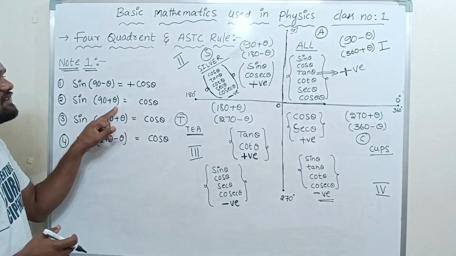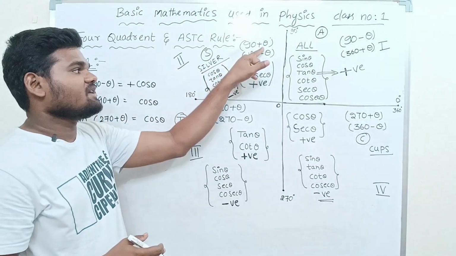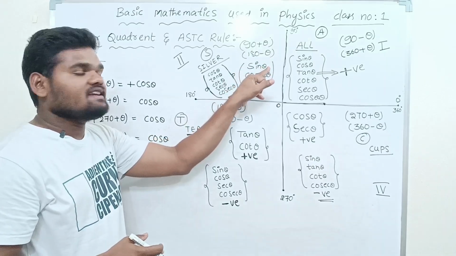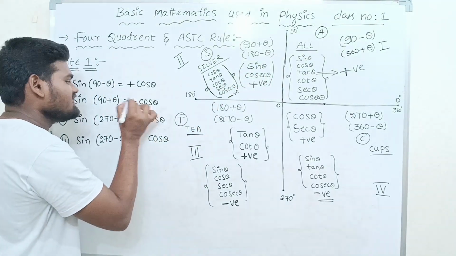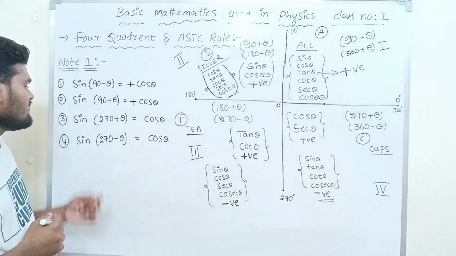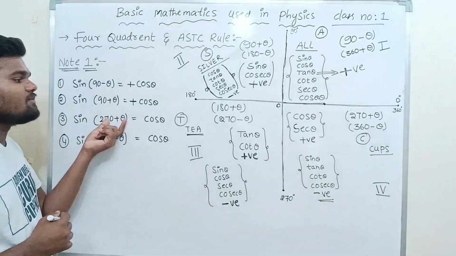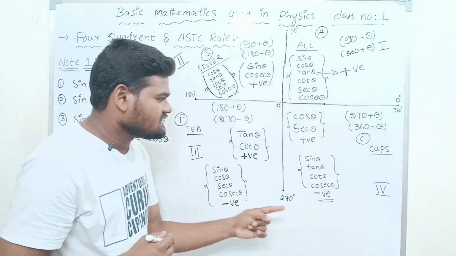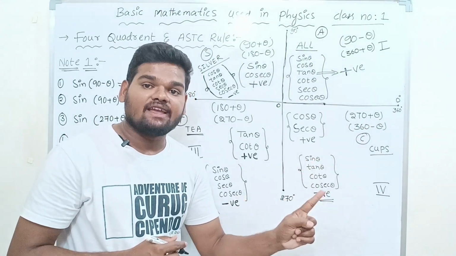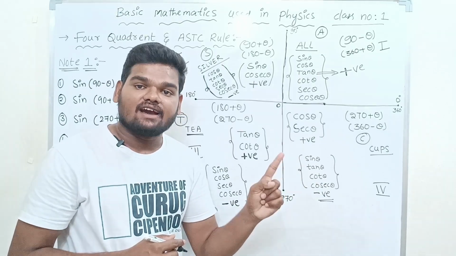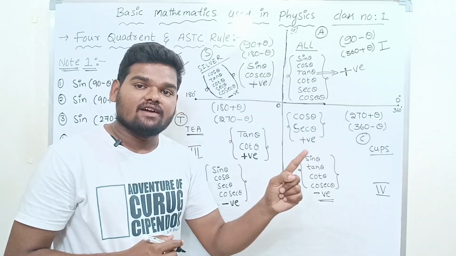Sine 90 plus theta. Where is 90 plus theta? Second quadrant. In the second quadrant, sine is positive. Then the result is positive cos theta. Third one, sine of 270 plus theta. Where is 270 plus theta? Here, fourth quadrant. In the fourth quadrant, only cos and sec are positive. Remaining all are negative.